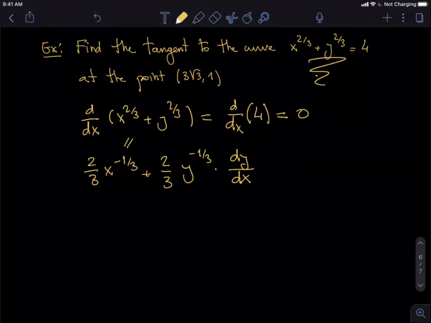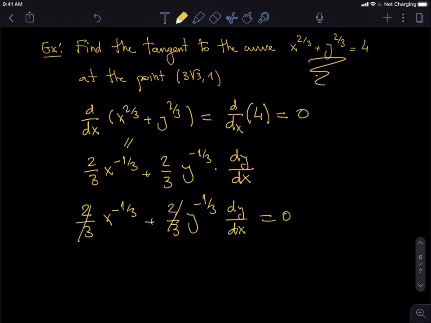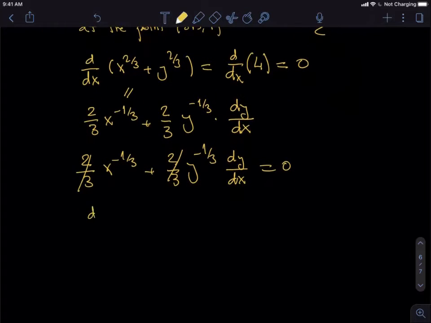So now what we have here is 2/3 x to the negative 1/3 plus 2/3 y to the negative 1/3 dy/dx equals 0. We can simplify the 2/3 and we get dy/dx equals minus x to the negative 1/3 divided by y to the negative 1/3.